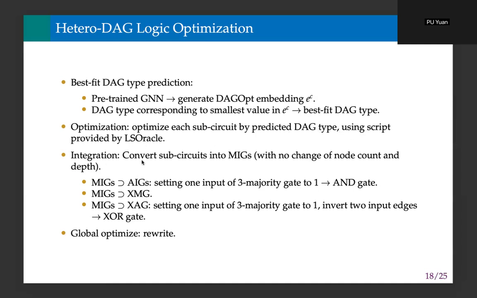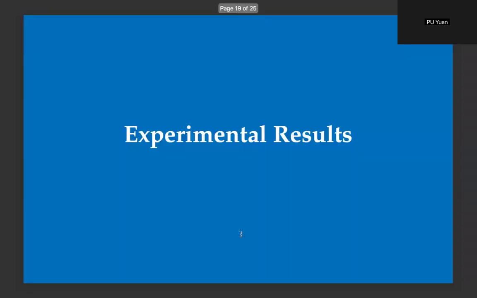And finally, we can convert all the circuits into the MIG representation with no change of node count and depths. Finally, we do a global rewrite to get the final result.